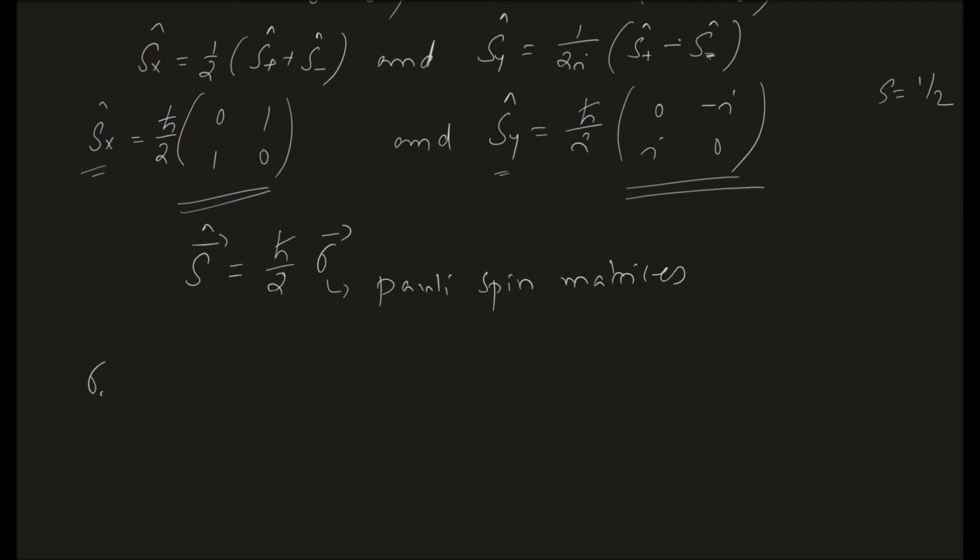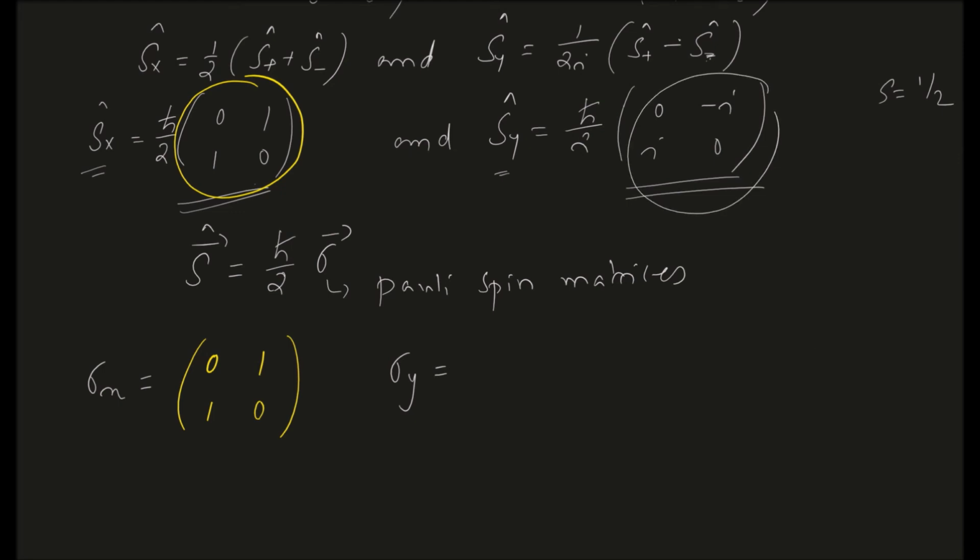So what are these matrices? It has three components. Sigma x is given by these matrices, 0, 1, 1, 0. And sigma y is given by this matrix, 0, minus i, i, 0.